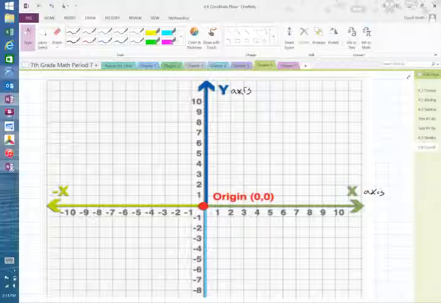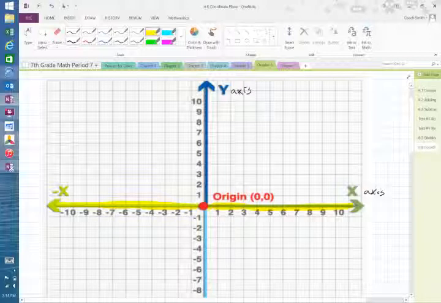Now, you will notice that on the number line here, the darker green is the positive, the lighter green is the negative. Just like a number line, the negative integers are to the left, positive integers are to the right of 0.